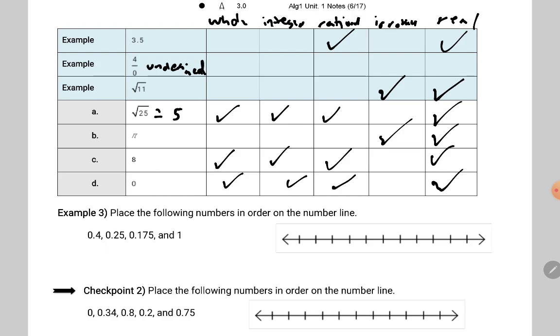Okay, place the following numbers in order on the number line. So I'm going to notice that all these are bigger than 0, so I'm going to put 0 over here. And let's say 0.2 is over here. 0.2, 0.3, 0.4, 0.6, 0.8, 1.